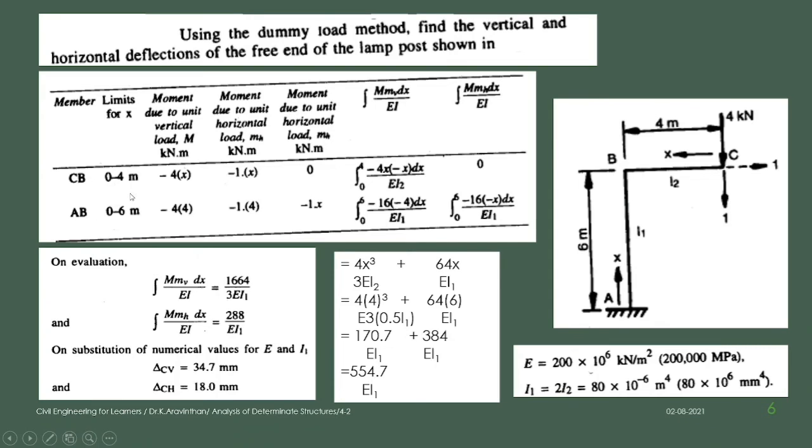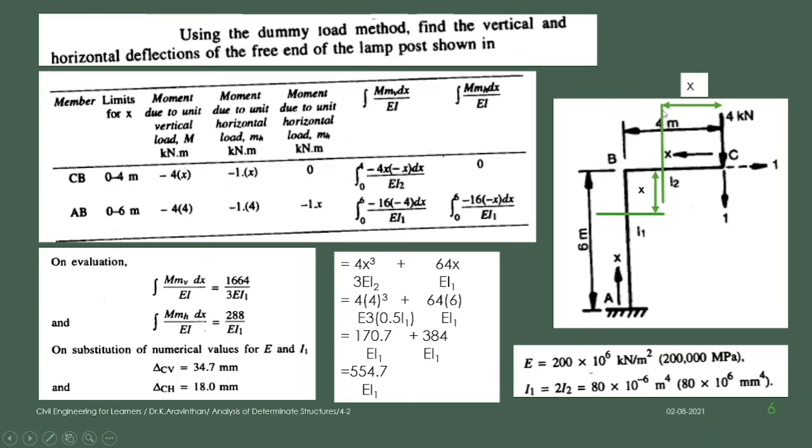This is written here. Now for finding the moment due to unit load, that is vertical load, the capital M. What do you mean by capital M? Due to the real load which is given. What is the real load? Which is 4 kilonewton. You have to cut a section at both the elements, that is at AB and BC.